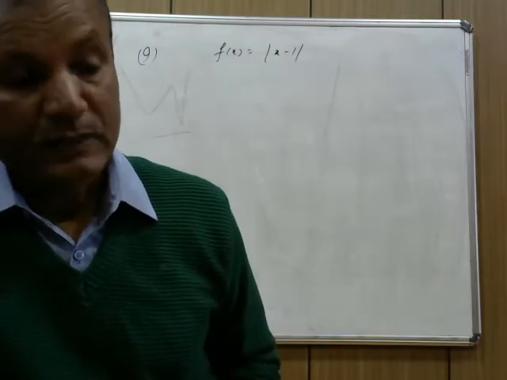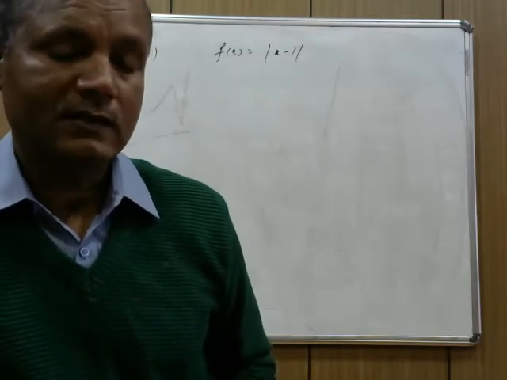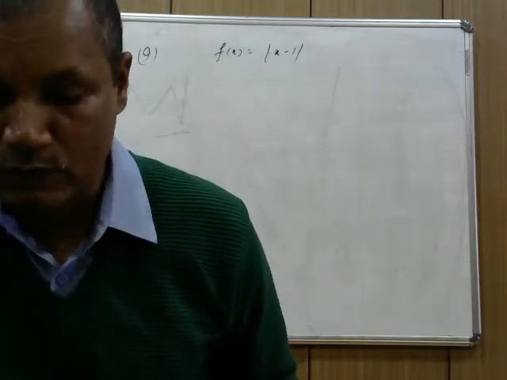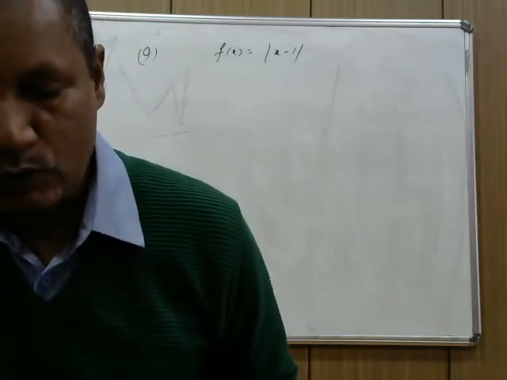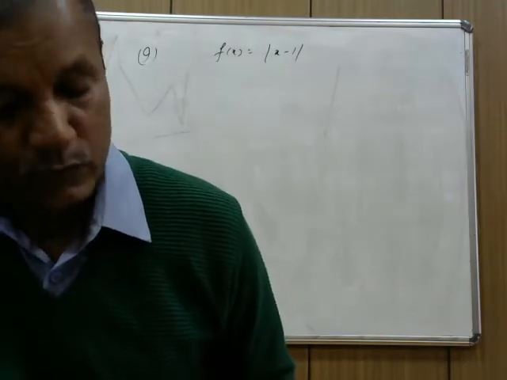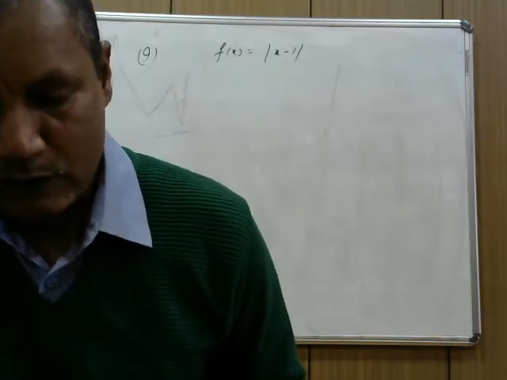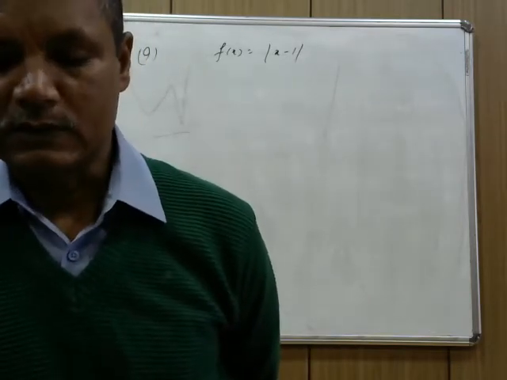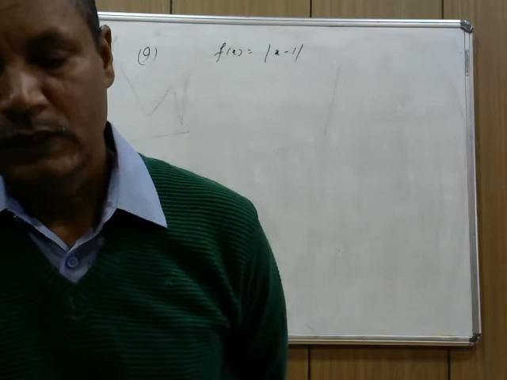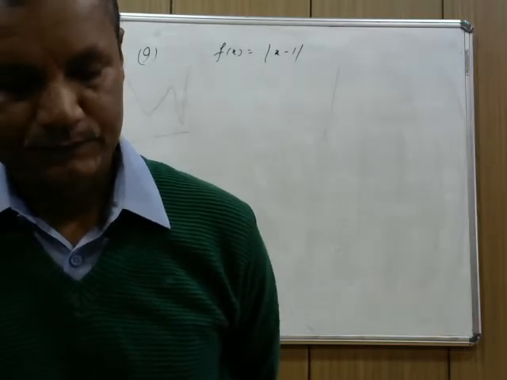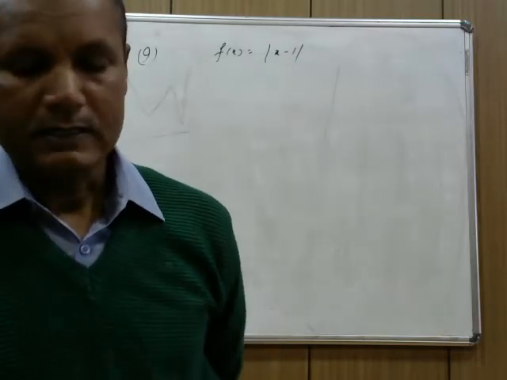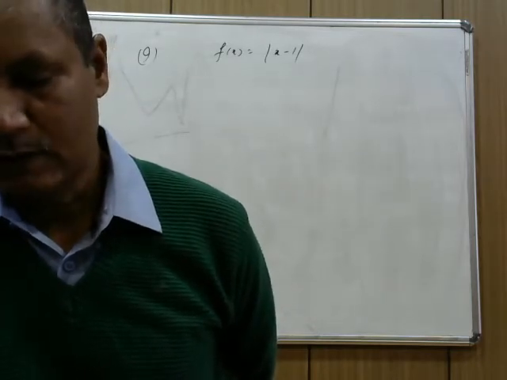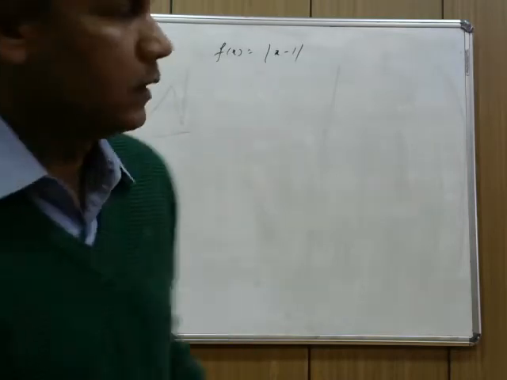Right? That means we have to check the differentiability of the given function f of x is equal to mod x minus 1 at x is equal to 1. And if you remember, we have discussed that whenever we are asked to check the differentiability of any function, we check it in two ways, LHD and RHD. Here I have to check whether the function f is differentiable at x is equal to 1 or not.